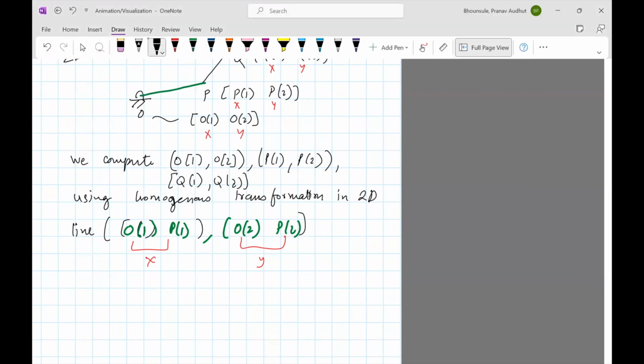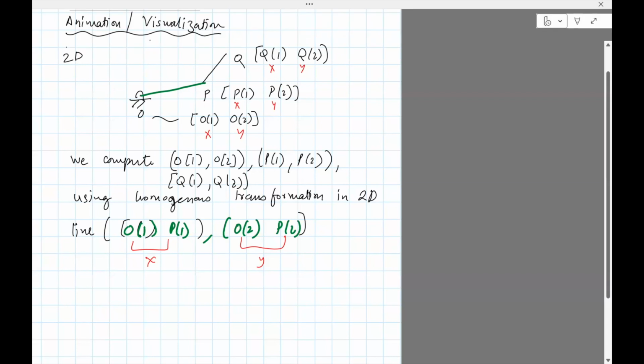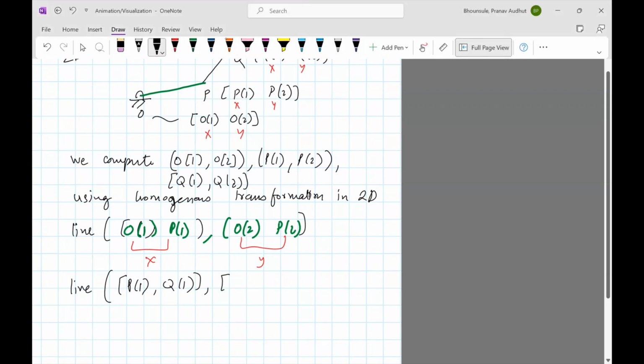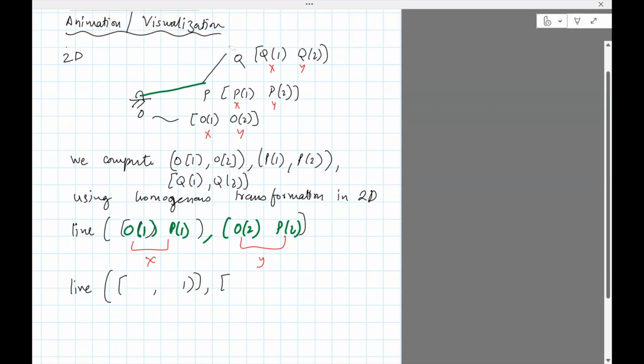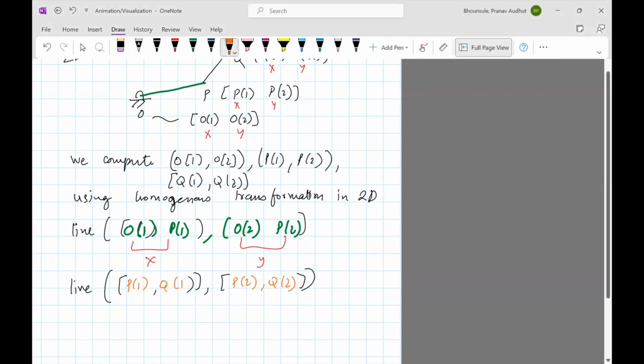Similarly, if you want to draw a line for the second piece, P to Q, you'll do the same thing. Line P1, Q1, P2, Q2, and that will give you the second line.